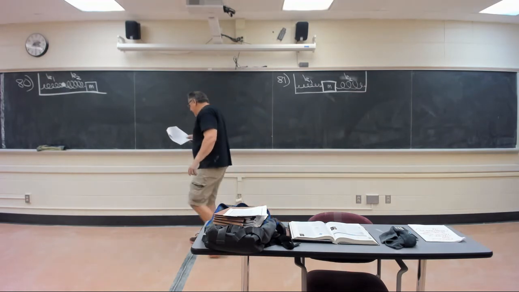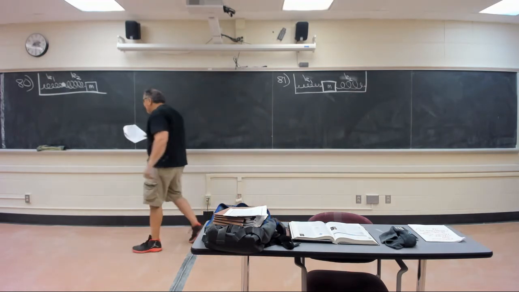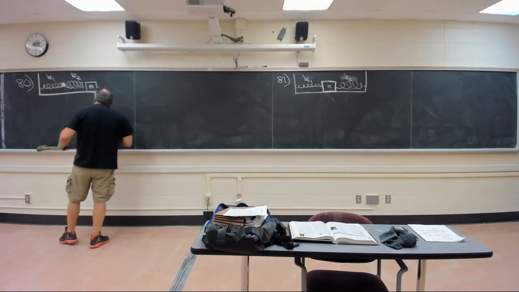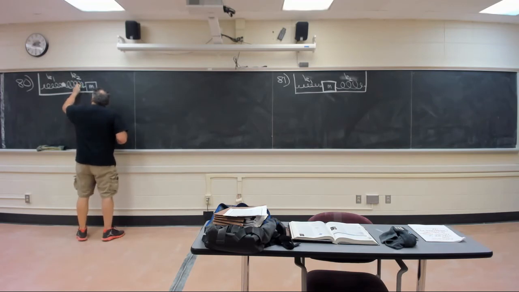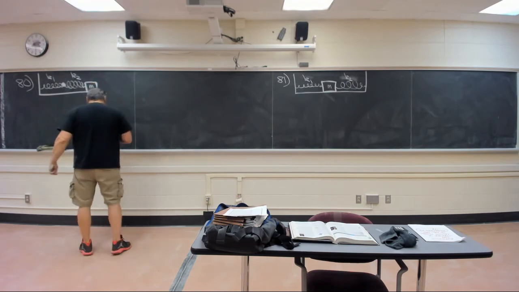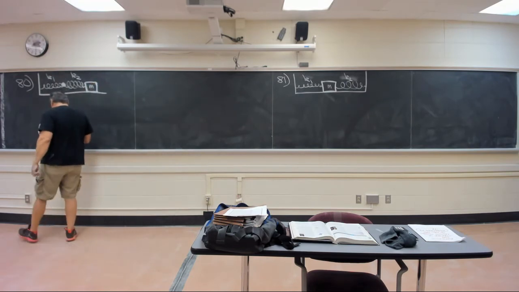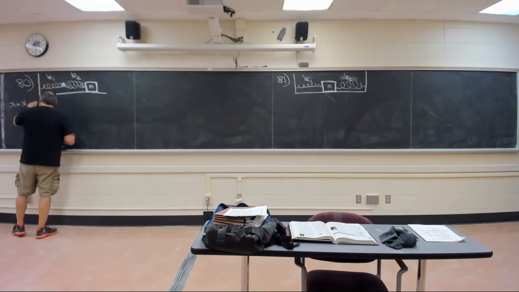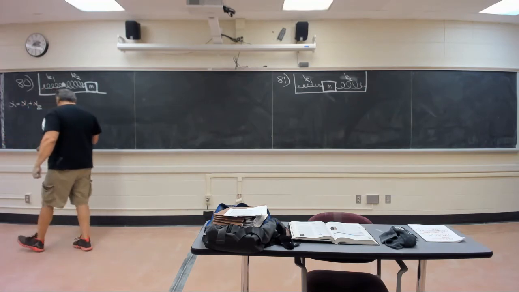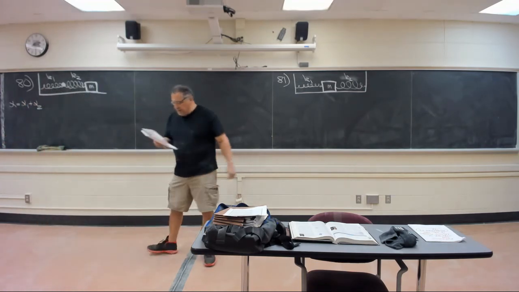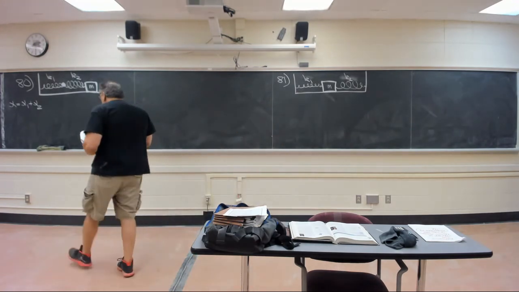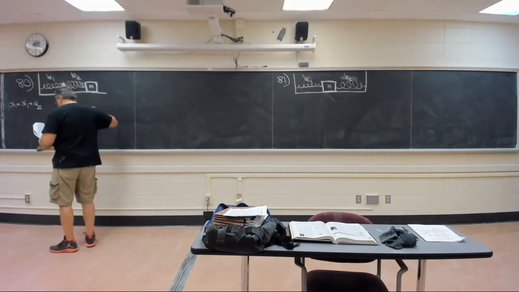At equilibrium, we can say this according to Newton's third law. Does everybody agree that if I pull, they're saying they're going to pull this thing out as far as you can pull it? And we're going to say x equals x1 plus x2. What does that mean? At equilibrium, there's going to be a total stretch.